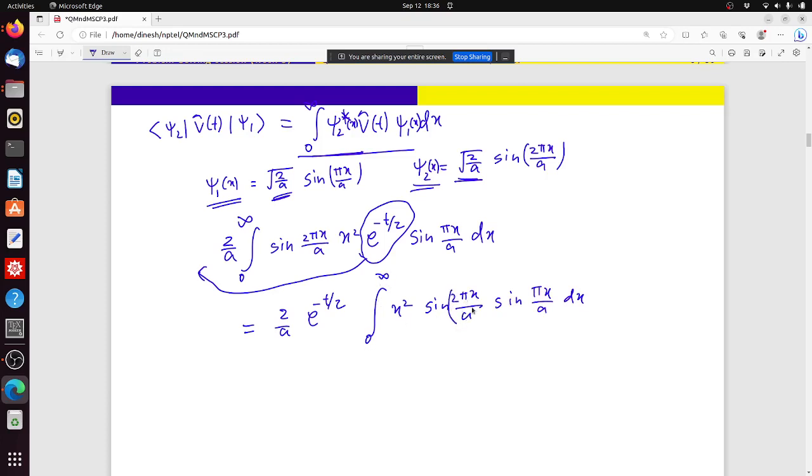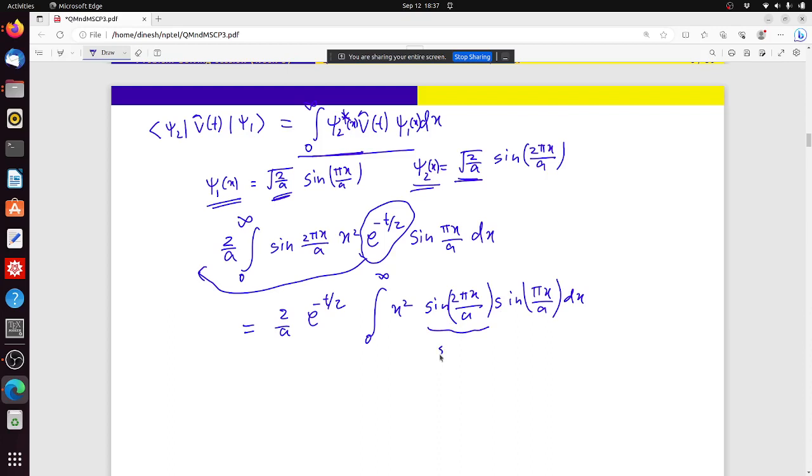So you have to do this integration. It will be easy if you can convert this into a two function integration. Here you have three functions: two sine functions and one quadratic function x square. So you can further simplify this.